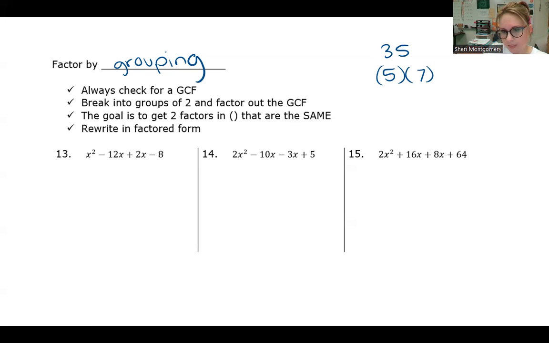So this is factored. It's when you have things that are multiplying to give you an answer. So that's how you can know the difference. This is factored, but that's not factored. So we can take 35 and we can factor it. That's what we're doing with all the problems that we're factoring. It's just making a list of things that multiply. All right, for the first one, we can scan through and see, is there a GCF?